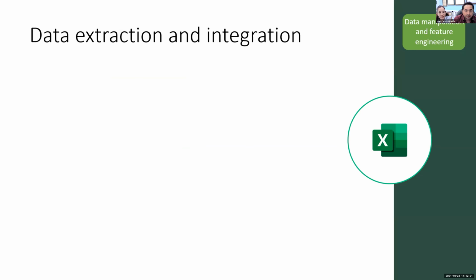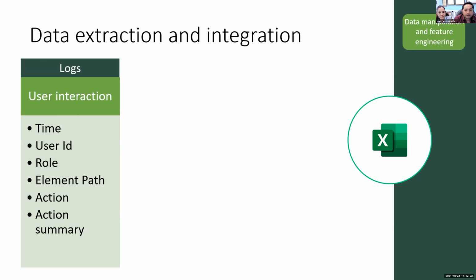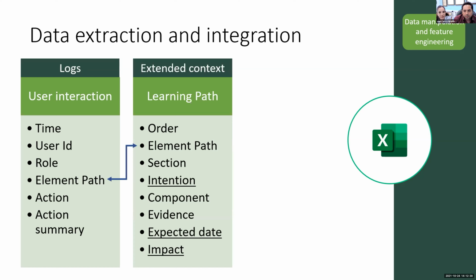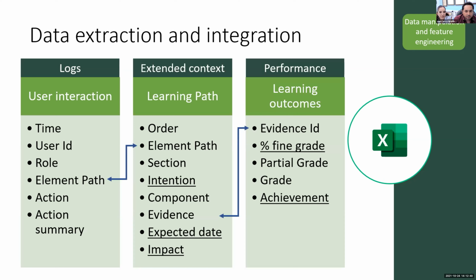For data extraction and integration, in addition to the logs that inform us of the user interaction, we expand the context with the learning path, enriching the data with the intention, the inspection date, and impact. From the five pieces of evidence, the score is recorded, then the global score and level of performance achieved is calculated.